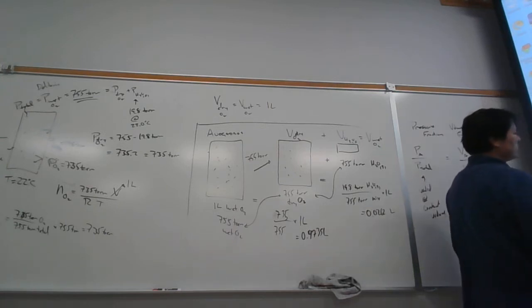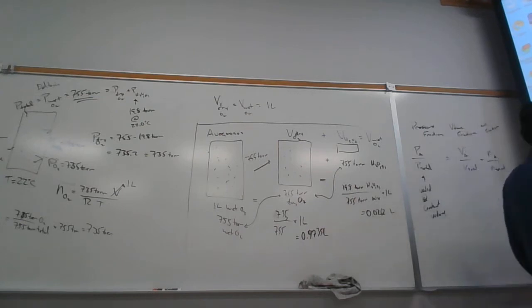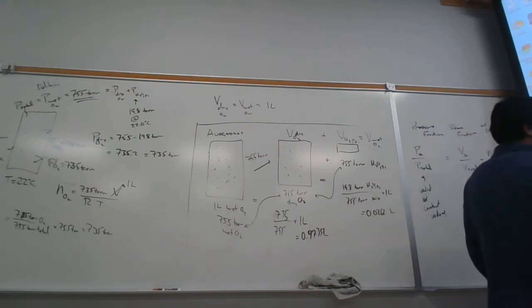And so all they're doing is the total pressure is equal to the sum of the partial pressures. There we have the pressure of the water vapor plus the pressure of the oxygen. And so the total pressure is 755. It's going to be the combined pressure of these two. And if we're solving for the pressure of the oxygen, it is equal to P total minus the pressure of the water. And so the 755 torr minus about 20 torr is going to give us 735 torr.